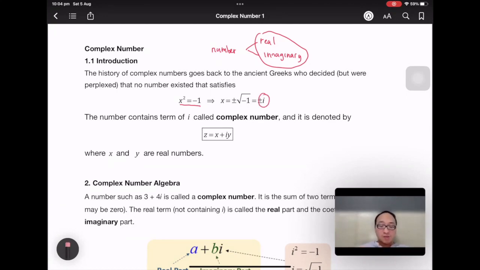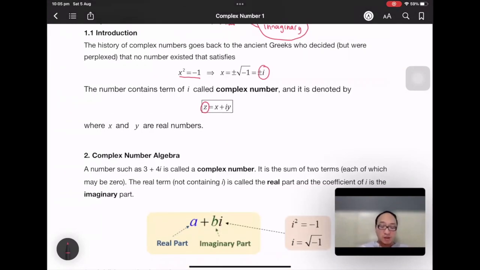So we can express that the complex number is denoted by z equals x plus iy, where x is the real part and y is the imaginary part.